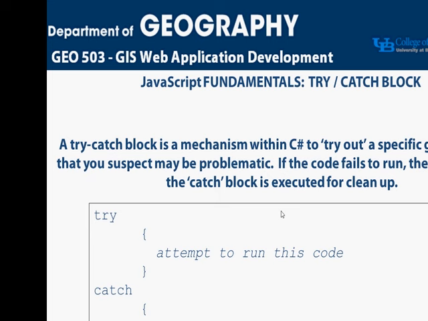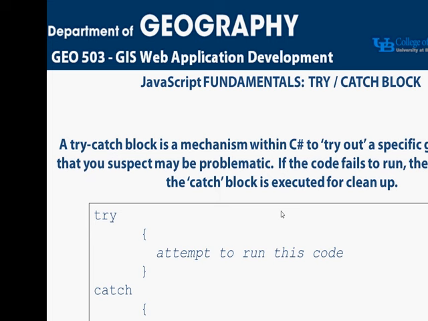Similar to C#, JavaScript allows for something called a try-catch block. In a try-catch block, you use it if you're concerned about a group of code being problematic. This is code that you're a little tentative about. You think it might cause problems and you want to account for that. You can put the code into a block called try.